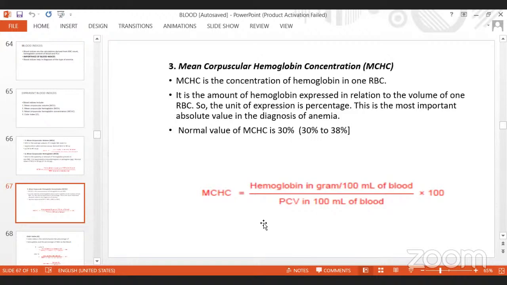The unit is percentage, and it is the most important absolute value in the diagnosis of anemia. The normal value is around 30 to 38%.